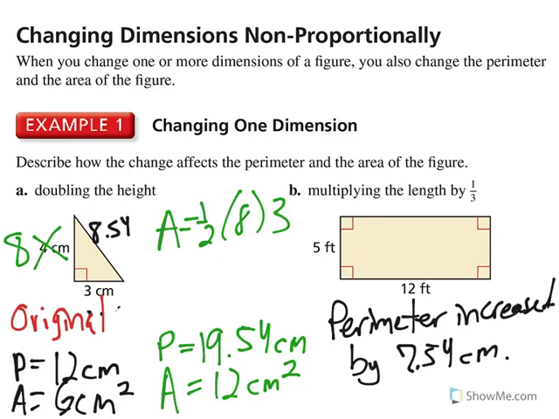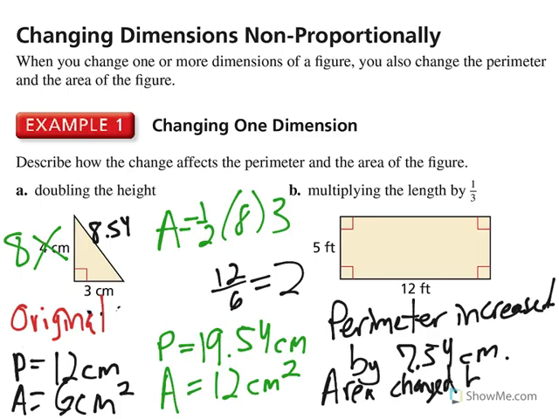For the area, we're going to look at how it changed by a scale factor. So what I'm going to do for area is I'm actually going to do 12 divided by the original, or the new one divided by the original. And so it changed by a scale factor of 2. And so I would just say the area changed by a scale factor of 2.